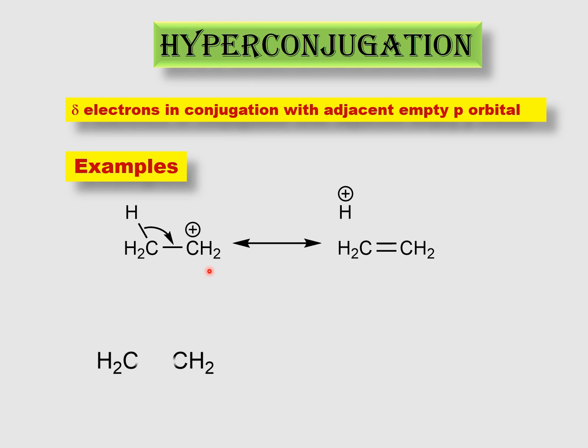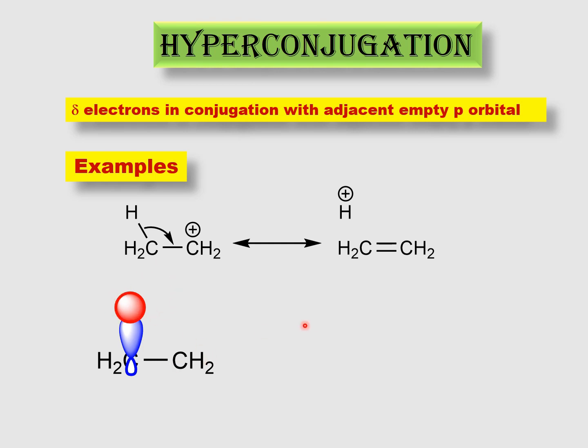Let's see this with the help of orbitals. So we have two carbon atoms. This carbon is sp3 hybridized, and here it is shown with 3 bonds. So it has to make another bond with a hydrogen atom. So it has another sp3 hybridized orbital, which forms a sigma bond with the 1s orbital of this hydrogen.